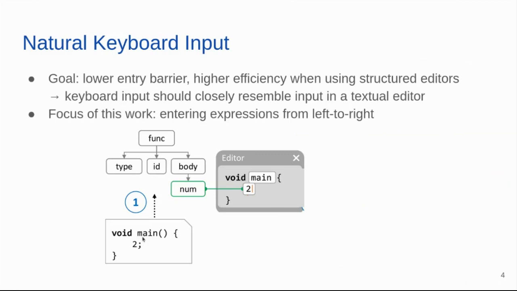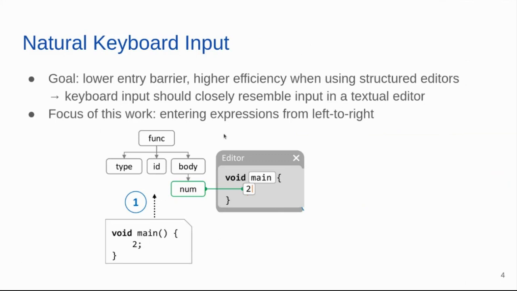Note, however, that this partial parser aspect is only the very first puzzle piece in achieving this goal, because it is constrained to entering expressions from left to right, similar to the way a parser would take them in, as we'll see in a couple of moments.